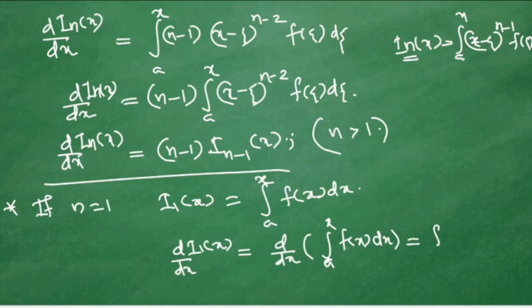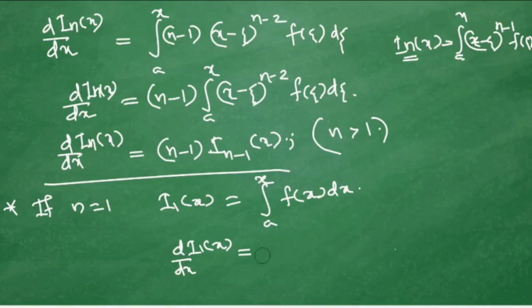Sorry, there is one mistake in the formula which I wrote. I1 of x is by definition the integral a to x of (x minus theta) raised to 1 minus 1, that is raised to 0, that is 1, into f of theta d theta.